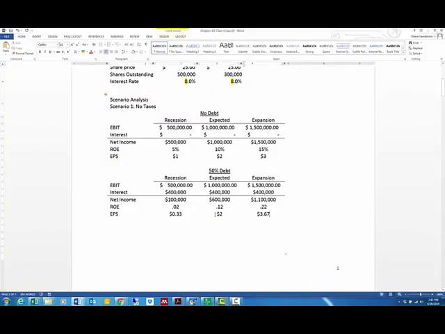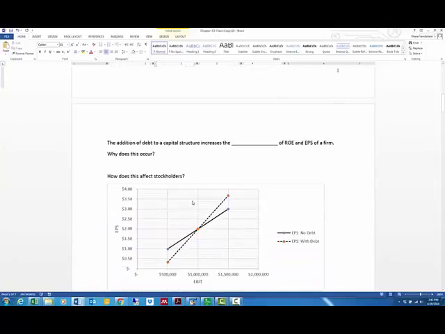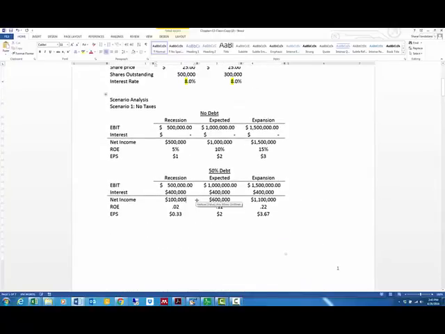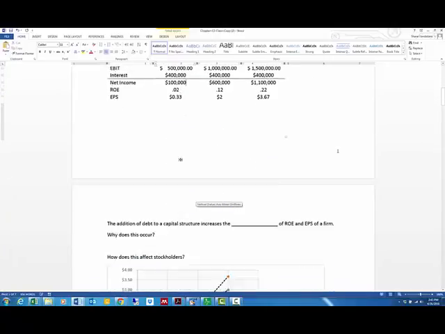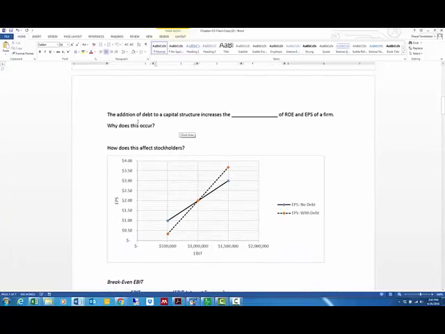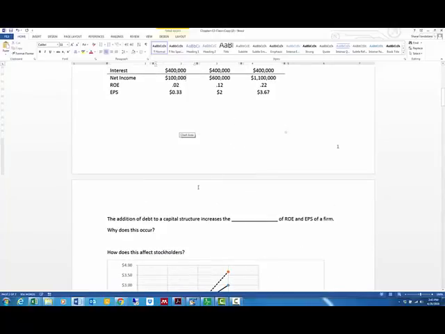All right. So our next page, we're going to go into another theory about capital structure, which will include interest. But what I want you to see from the previous example is that the addition of debt to a capital structure increases, and the correct answer here is volatility.